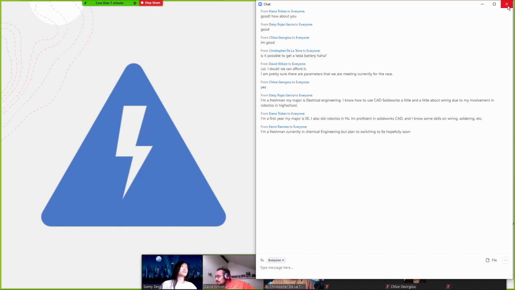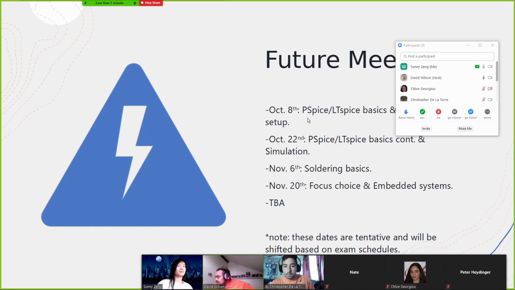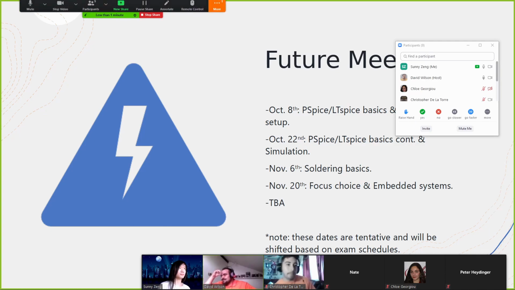Knows SolidWorks, CAD, and some skills on wiring, so that's perfect. Kevin, freshman, currently in chemical engineering, but I plan to switch into EE hopefully. I feel that. I had a friend that wanted to switch over from biology, and they just would not let her, I'm assuming because it was outside of PCOE.